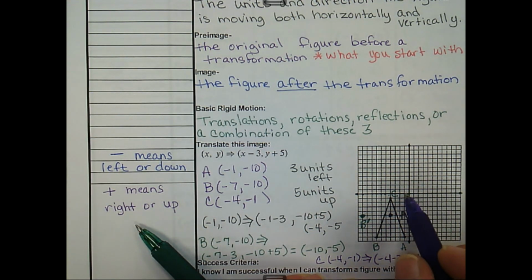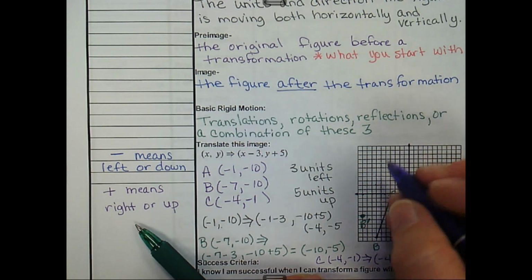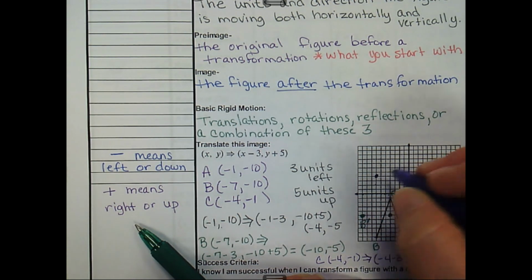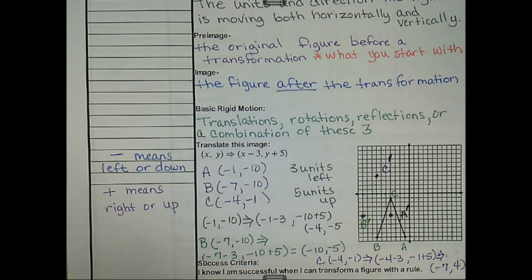So this is -1, 2, 3, 4, 5, 6, 7, and then I go up 1, 2, 3, 4. So this one would be C prime. Prime means that you've moved it. You've taken the original and you have moved it.